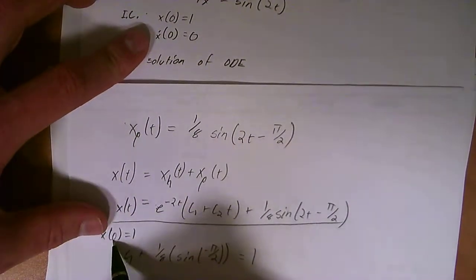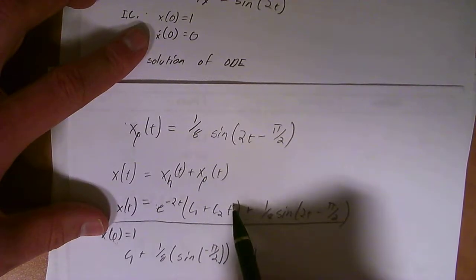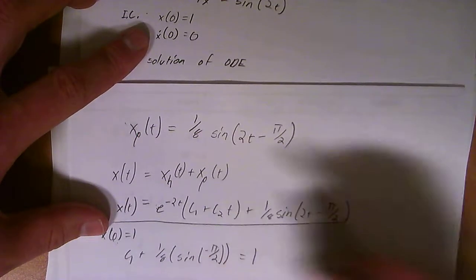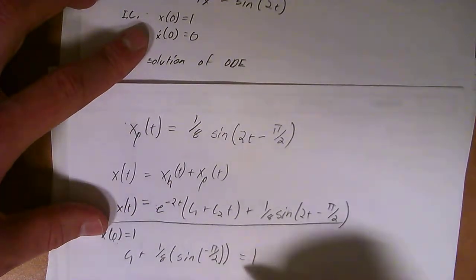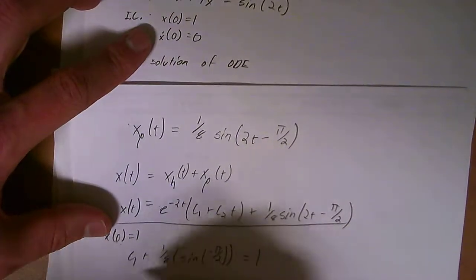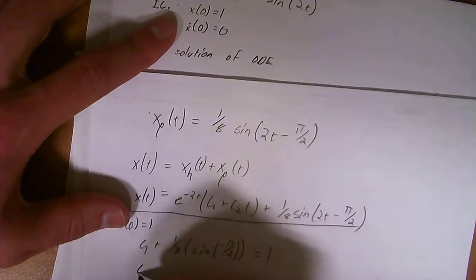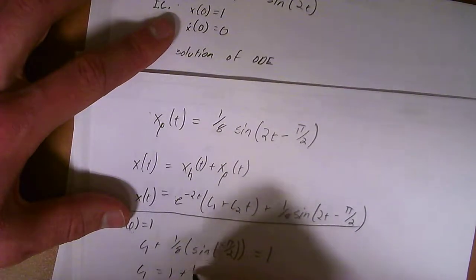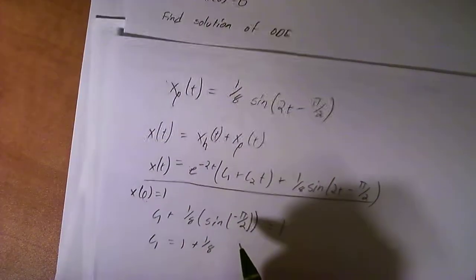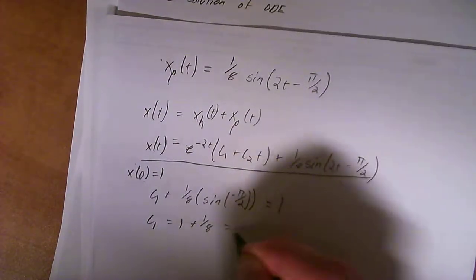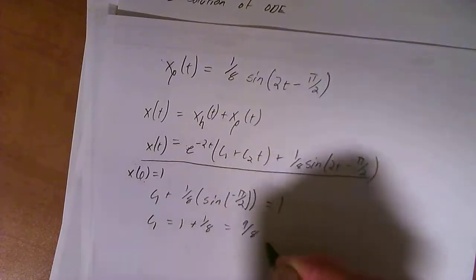If t is equal to 0, then this cancels out, then this goes to 1, then this right here cancels, and you get sine of negative pi over 2. Solve this out, you have C1 is equal to 1 plus 1/8, because sine of negative pi over 2 is equal to negative 1, which is equal to 9/8. So that's C1.